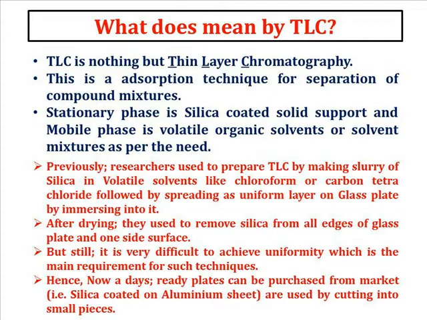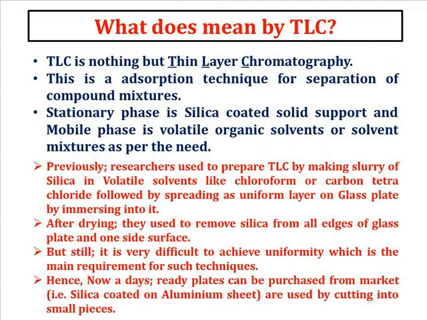Here the stationary phase is silica gel coated on a solid support, and the mobile phase is a volatile organic solvent or solvent mixture as per the needs. Previously people used a glass plate, prepared a silica slurry, immersed the glass plate into the silica slurry and dried it, and we got our TLC plate ready.